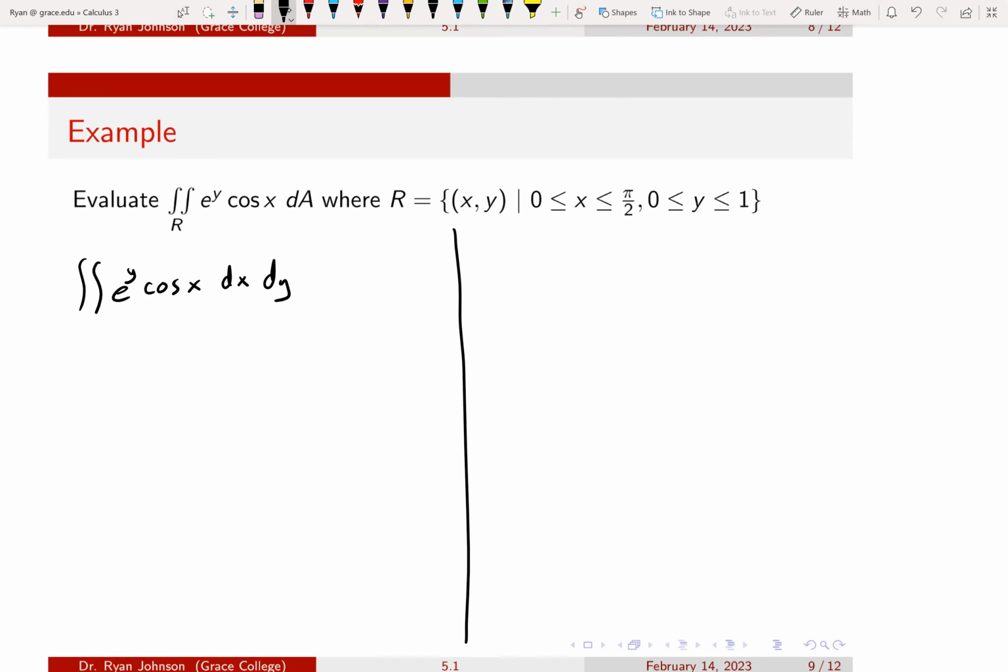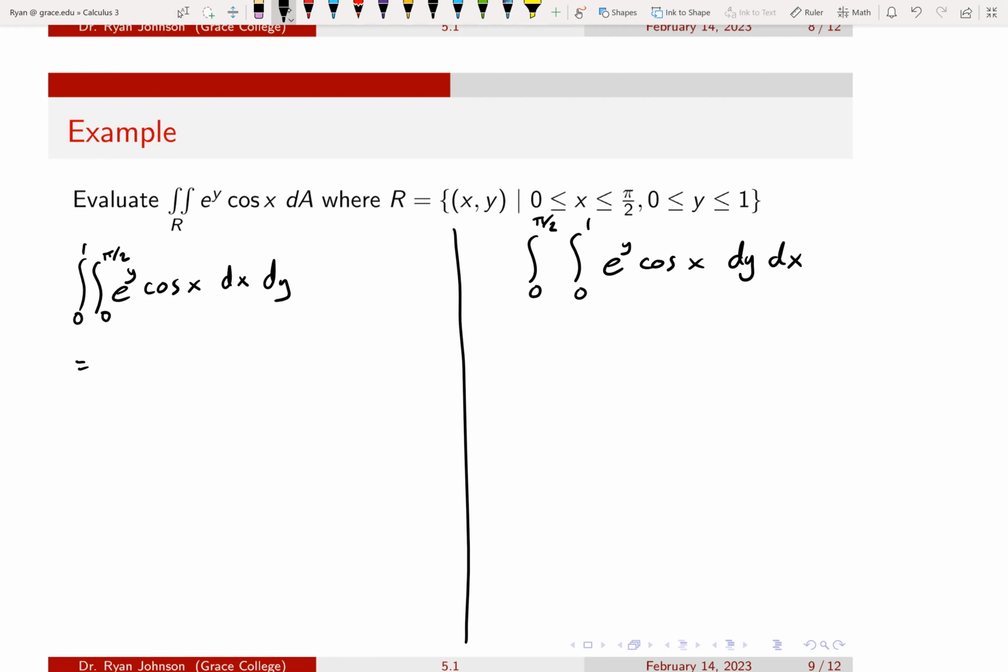So x is on the inside. x goes from 0 to pi over 2. y goes from 0 to 1. Over here, I'm going to do the integral from 0 to pi over 2, integral 0 to 1, e to the y cosine x. I'm going to do y on the inside and x on the outside.